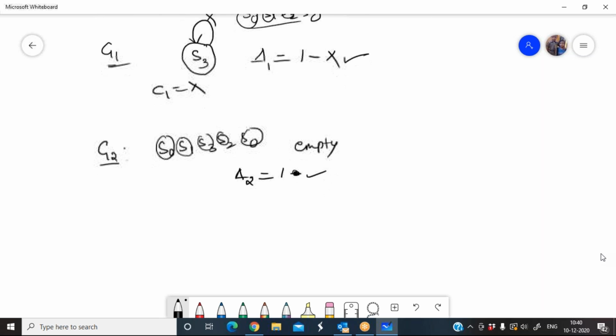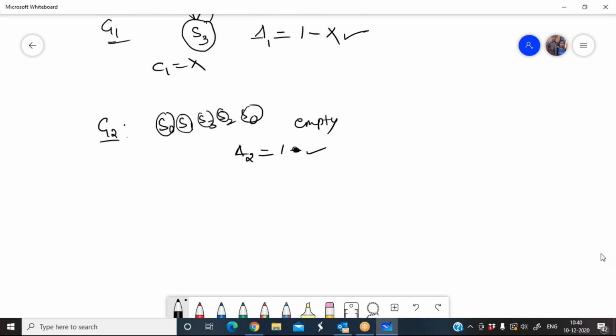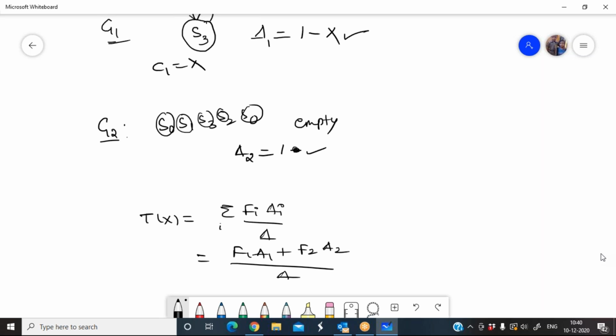Now I want to find the transfer function. So transfer function T of x equals, actually what is the formula? Sigma Fi delta i by delta, right? Is it okay? Sigma Fi delta i by delta, and that equals F1 delta 1 plus F2 delta 2 by delta.